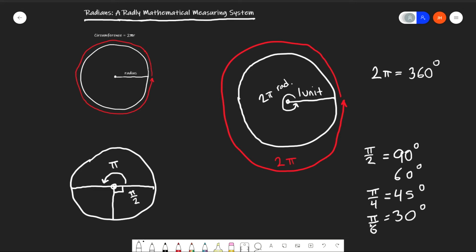And I could go from 30 degrees to 60 degrees by doubling it, or I could recognize that 180 degrees is pi, and so 60 is 1/3 of that. So in the end, 60 degrees is pi over 3, y'all.